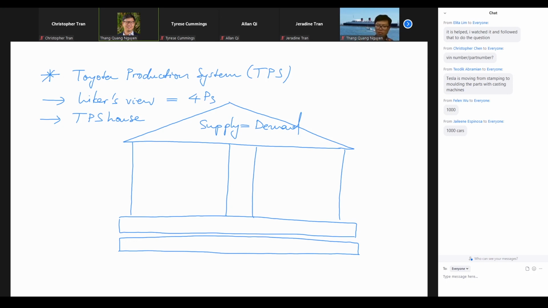So let me go through some of the details that we have in the house, right? By the way, down here we have the Kaizen, and we should have little variability and flexibility.